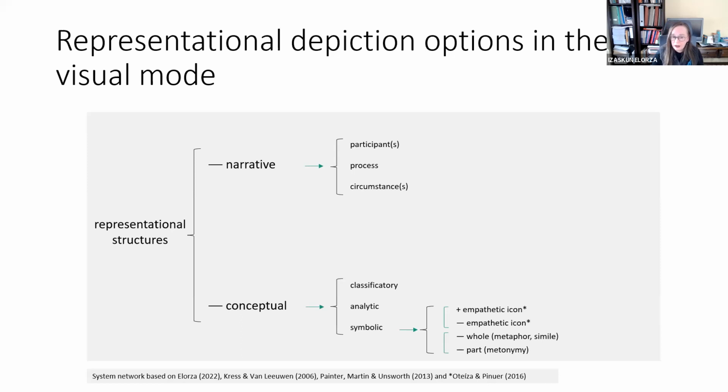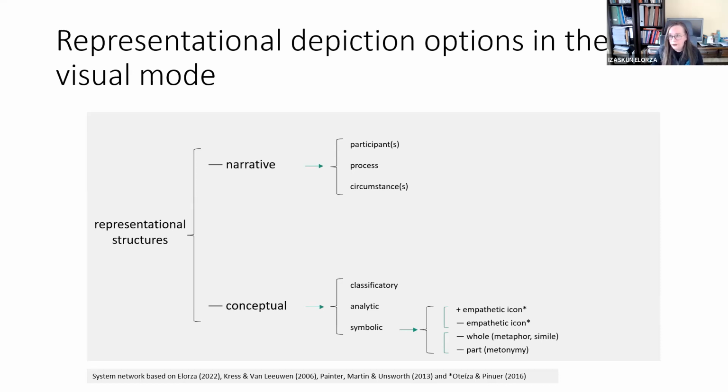For the narrative structures, we are relying on transitivity, the different elements of a process that is linking participants in certain circumstances. But we are also going to find conceptual structures sometimes. Conceptual structures, according to Kress and Van Leeuwen, can be of different kinds: classificatory, analytic, symbolic.